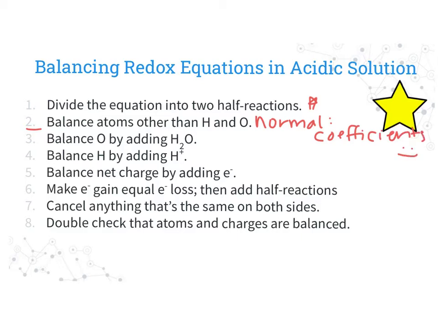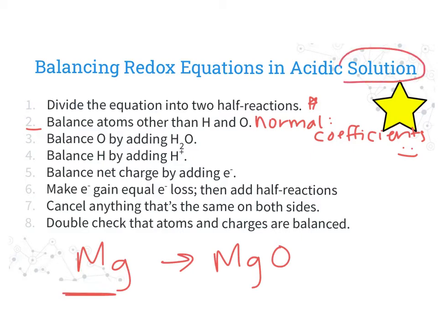Now step 3 is where things start getting weird, because sometimes you'll see a half reaction where oxygen seems to come out of nowhere. How do I balance it if there's not even any oxygens on the front side? The way we balance it is that we realize we're in solution, which means there are waters around.